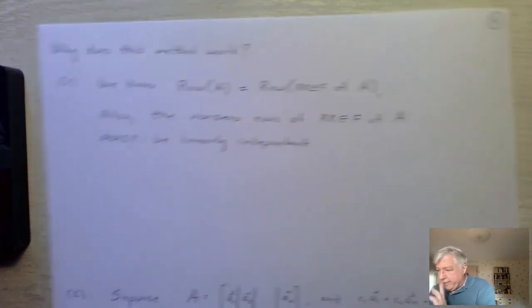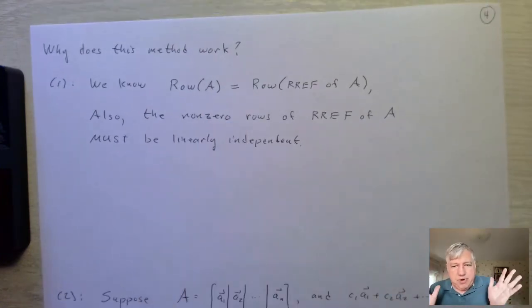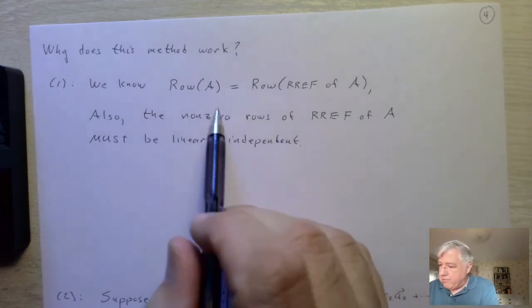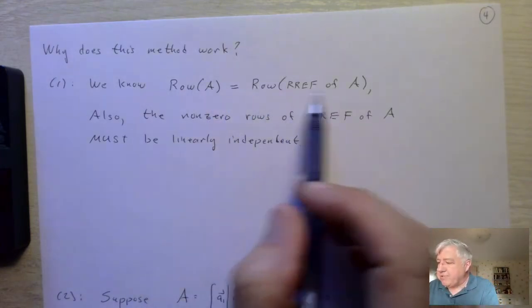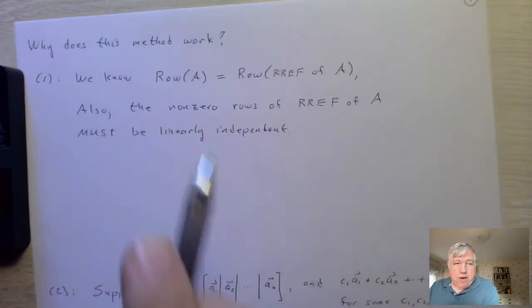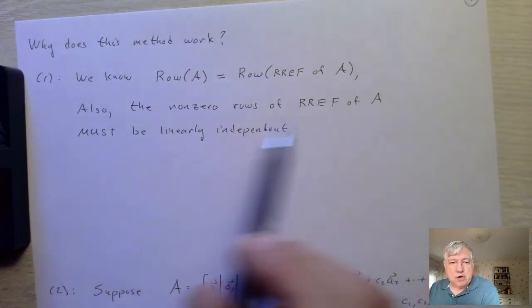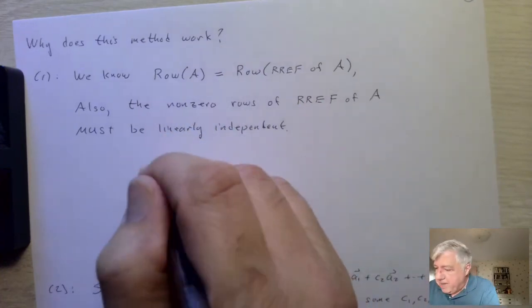Why does this work? For the first case, we talked last time that doing elementary row operations doesn't change the span of the rows. So the row space of A and the row space of the reduced row echelon form of A are the same. We also know that the non-zero rows of the reduced row echelon form of A must be linearly independent.